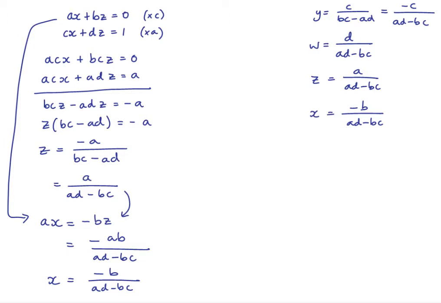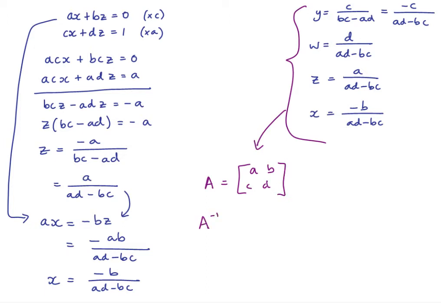So here's our results. We know that A was A, B, C, D, and the inverse of A was W, X, Y, Z. And we've now worked those things out. W is D over AD minus BC.